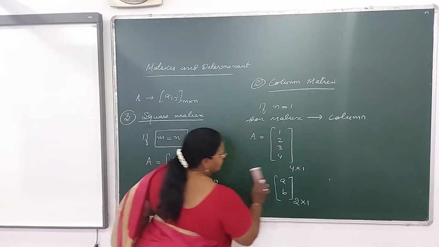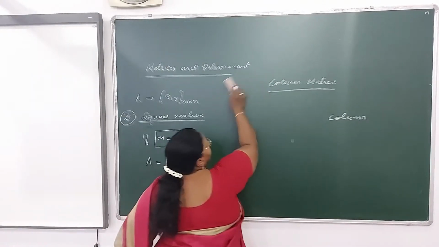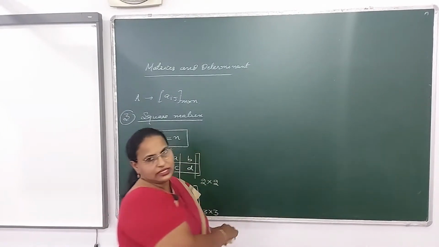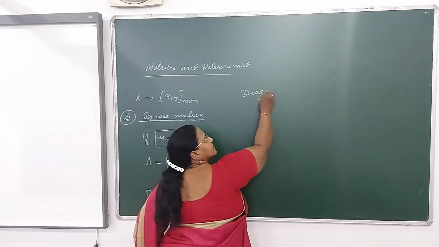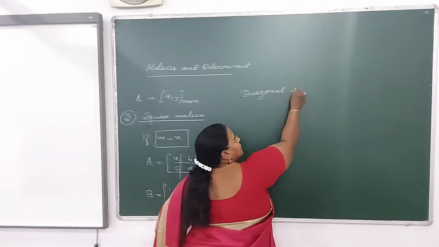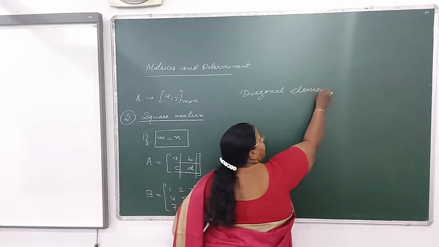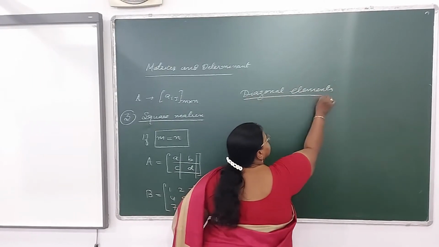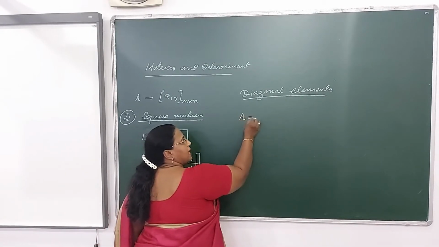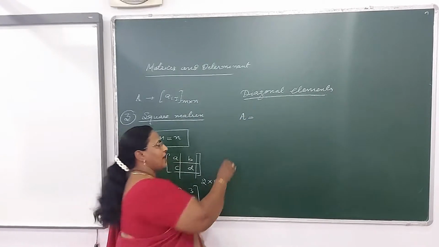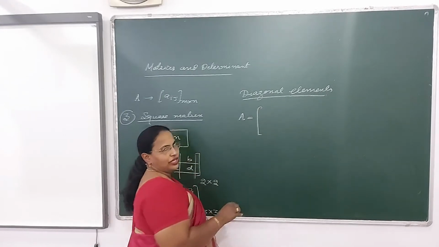Okay, now next is the diagonal elements. See how to define diagonal elements. Let A be a square matrix of order 3.